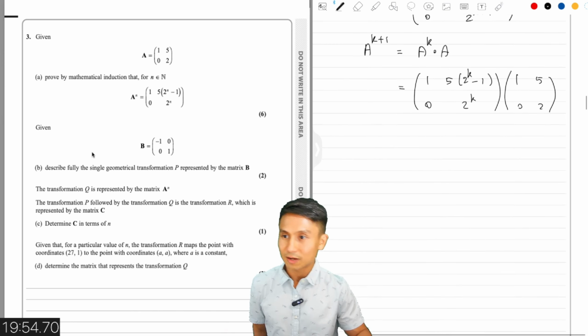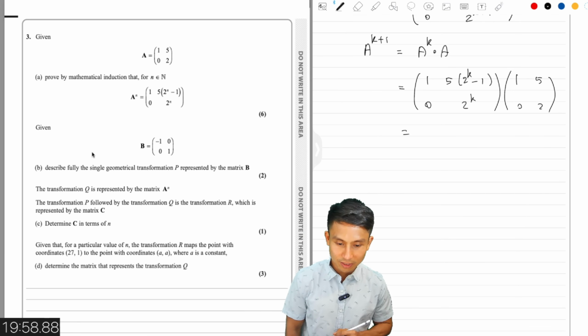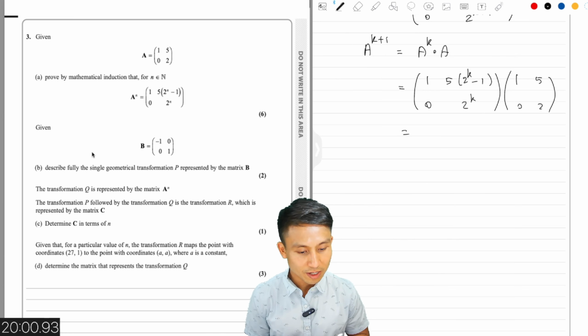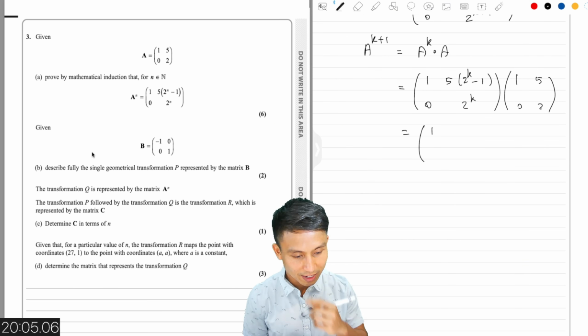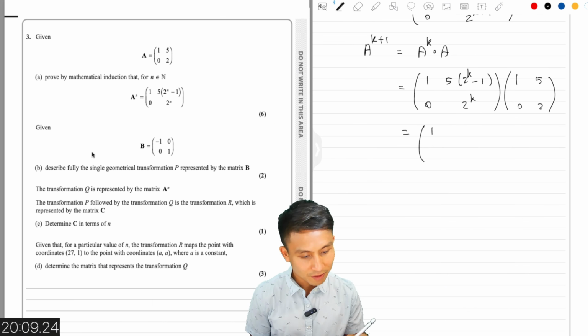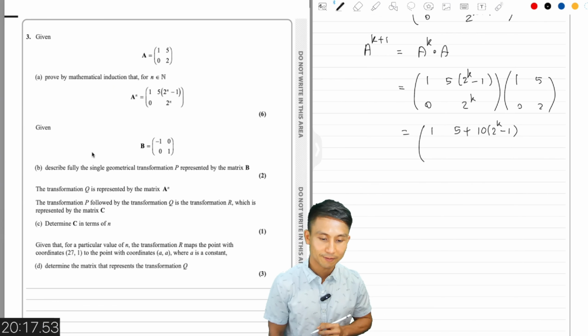So that's not too bad, right? And we just multiply out. So matrix multiplication here, so 1 times 1 is 1, and that times 0 is 0, so we add up to 1. And then I do this element here, so that would be 5 plus 2 times 5 is 10, and then 2 to the k minus 1, just the whole brackets there.